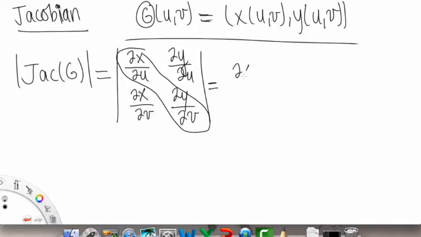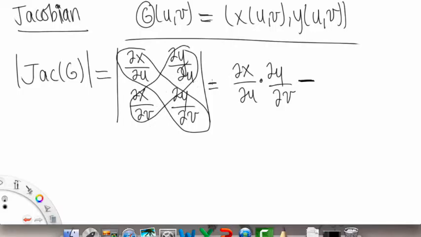So we'll get partial x, partial u, times partial y, partial v. And then we subtract, this is just inherent in the formula, the product of the other diagonal. So it will be minus partial x, partial v, times partial y, partial u.